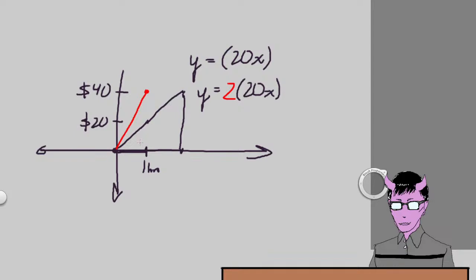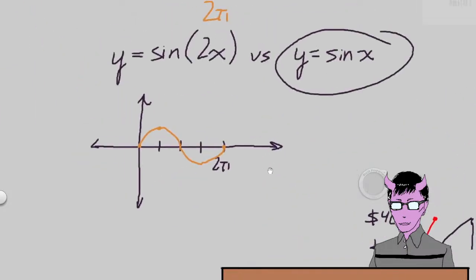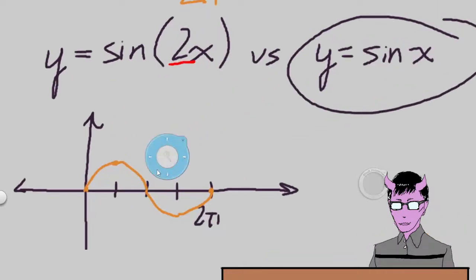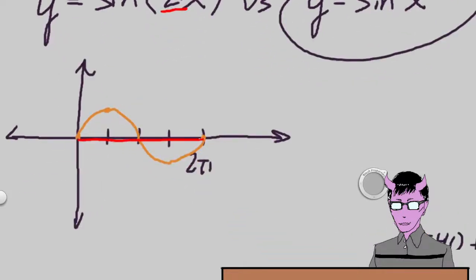So again, just to reiterate, 2 hours to reach $40 for your standard situation. But if you have a bonus modification where you now earn twice as much, you only need half as long to reach the same $40 as before. So everything takes half as long. Which means, since you're twice as fast, instead of taking 4 hash marks over, which is the standard 2 pi, you only need half as long.